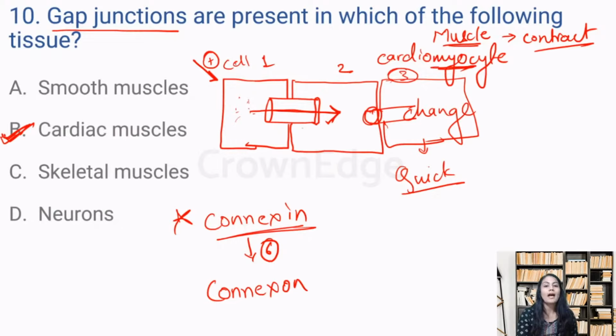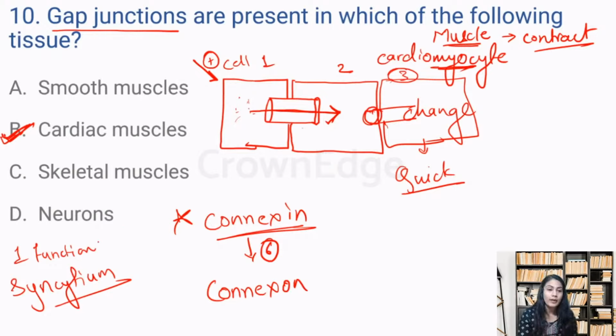That is known as functional syncytium. The heart is known as a functional syncytium, that means one functional unit. Though there are thousands and thousands of cells in the ventricle, it acts as one functional unit, in unity, and that's why we get such a higher amount of force inside the blood, so that the heart can pump it throughout the body.